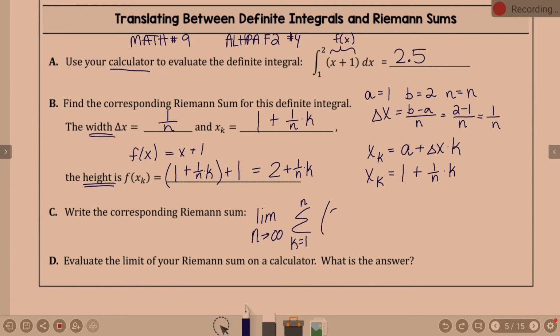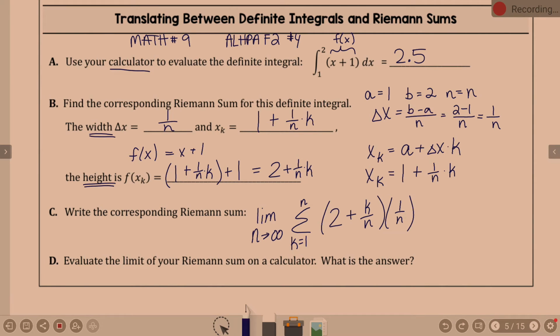So that is 2 plus 1 over n times k, or I should have done this earlier, I'm going to write it as 2 plus k over n, if you will. That's f of x sub k times delta x, which is 1 over n.